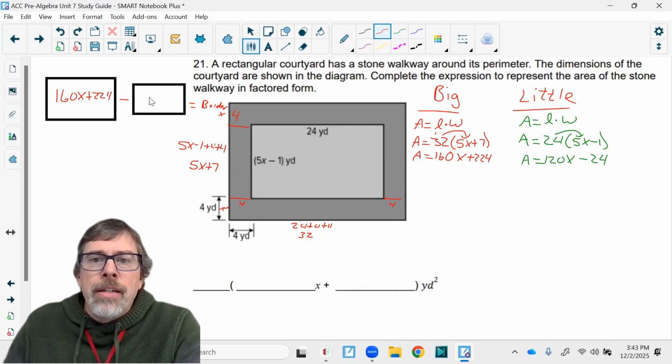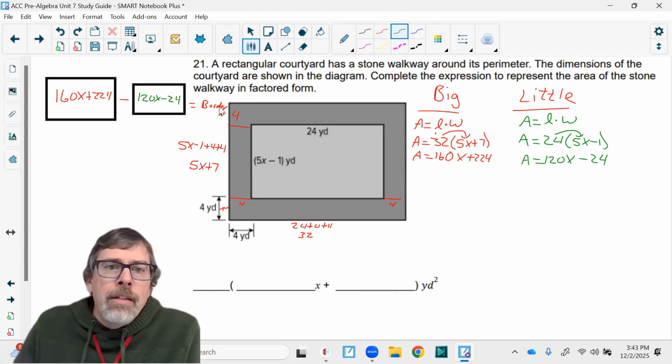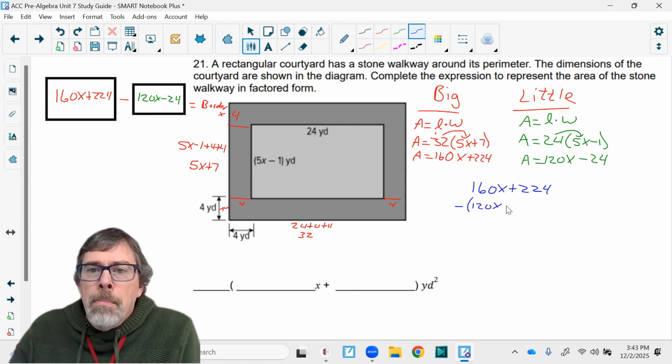The area of the inside was 120x minus 24. The area of the 2 subtracted gives you the border area. So now I'm going to take 160x plus 224, and I'm going to subtract 120x minus 24. I have to be careful here because there's going to be a minus and a negative.